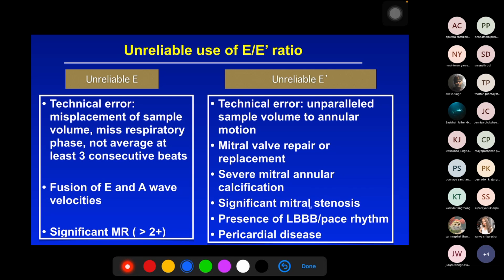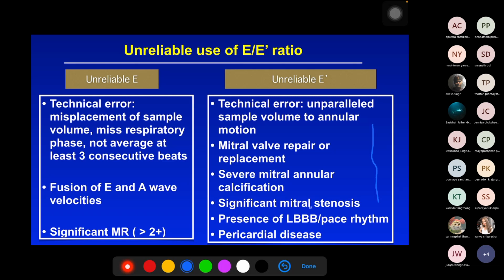If you misplace the sample volume or miss the right respiratory phase, and you haven't got the picture from the end expiratory phase, you might get inaccurate Doppler imaging. Sometimes you see fused E and A waves. You might correct it by adjusting the sweep speed. Or sometimes if the patient has significant MR, the E wave velocity is unreliable.